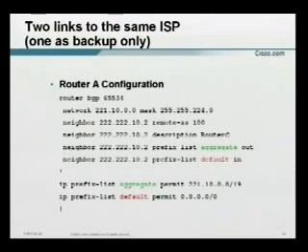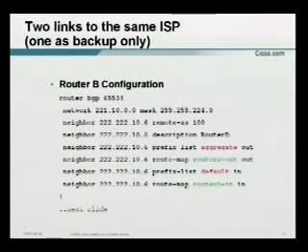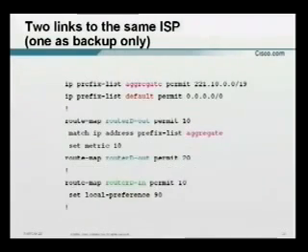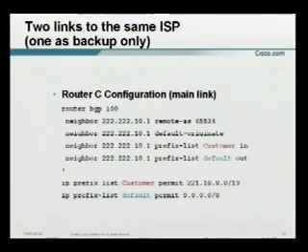We accept the default inbound. And for router B, which is the backup link router, again, we're sending our aggregate out, we're receiving the default in, and the route maps apply the policy which will set the metrics. So I've set metric 10 outbound, and I've set a local preference of 90 inbound. And that makes this the backup path.